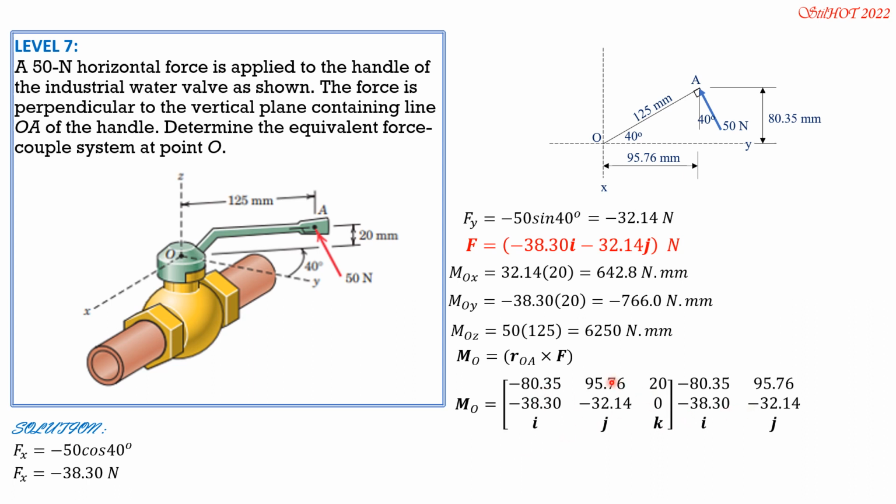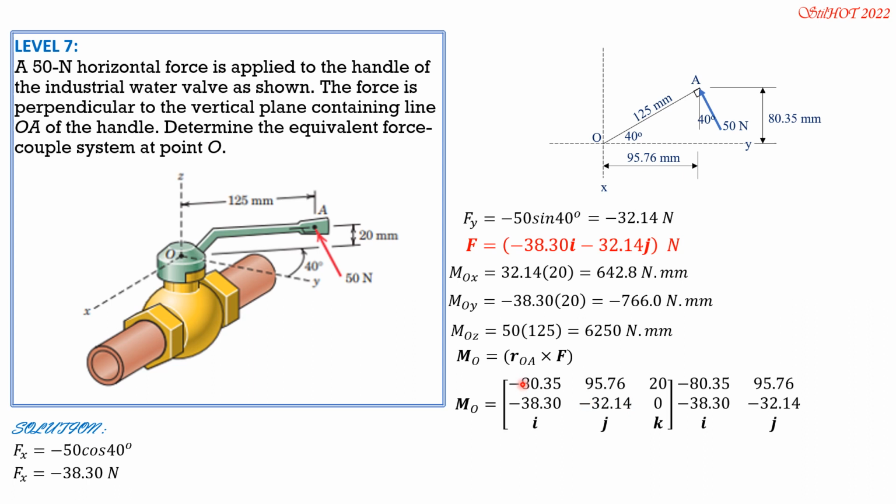So for I, 95.76 times 0, so 0, minus negative 32.14 times 20. So it is positive 32.14 times 20, which is 642.8. Then for J, 20 times negative 38.3, negative, then minus 0, because there is 0 here. So 20 times negative 38.3, it is this one, negative 766 along J.